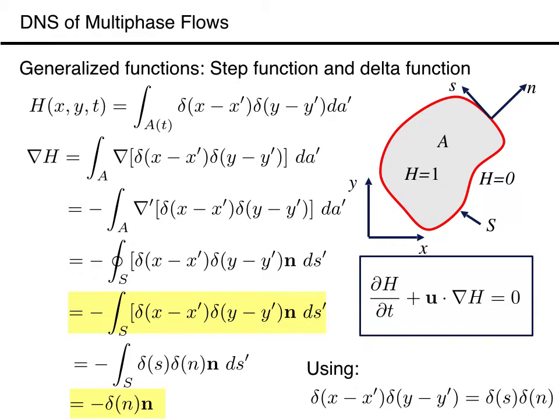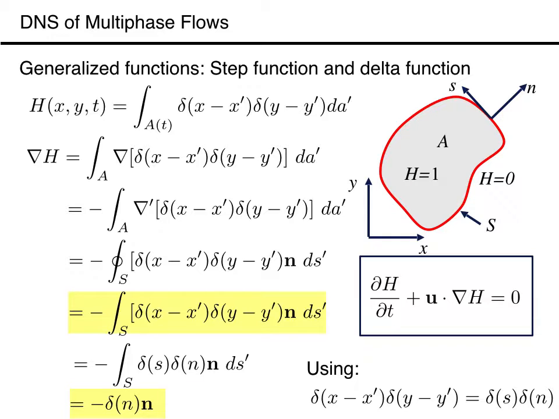If x and y are inside the area, the x and y will be equal to x prime and y prime, and the integral will be 1, but if x and y are outside the area, then the integral will be 0. The gradient is with respect to x and y, so we can bring it under the integral. However, since the gradient is antisymmetric with respect to the primed and unprimed variables, we can change the gradient to the gradient with respect to the prime variables, changing the sign.